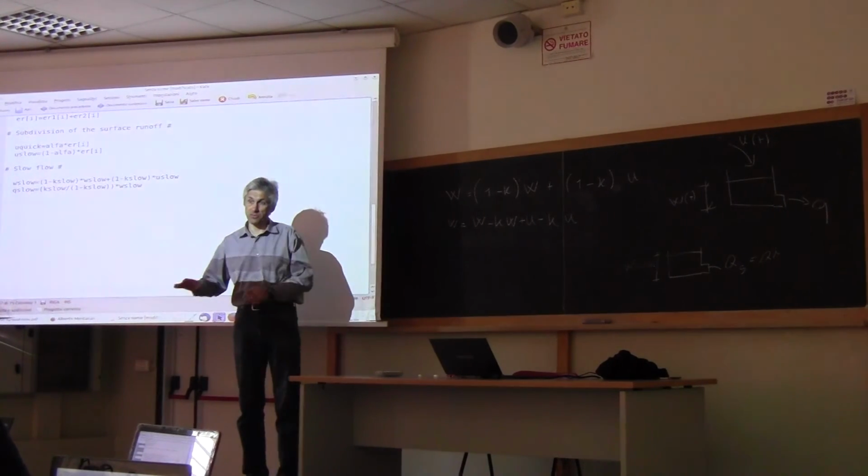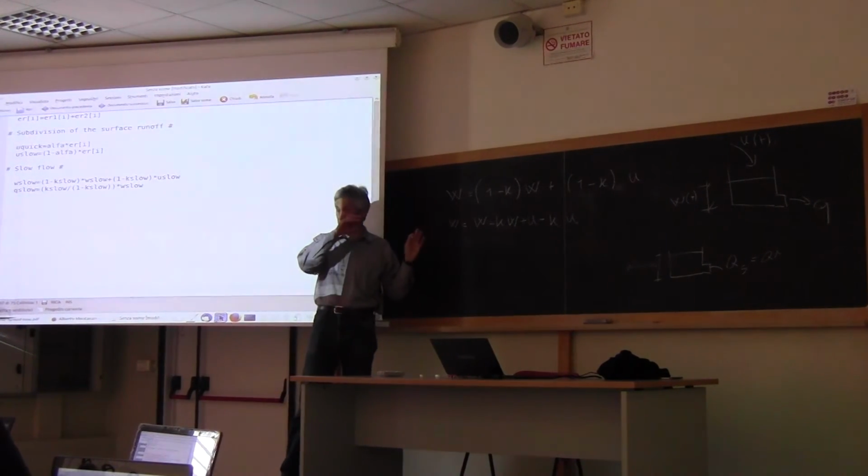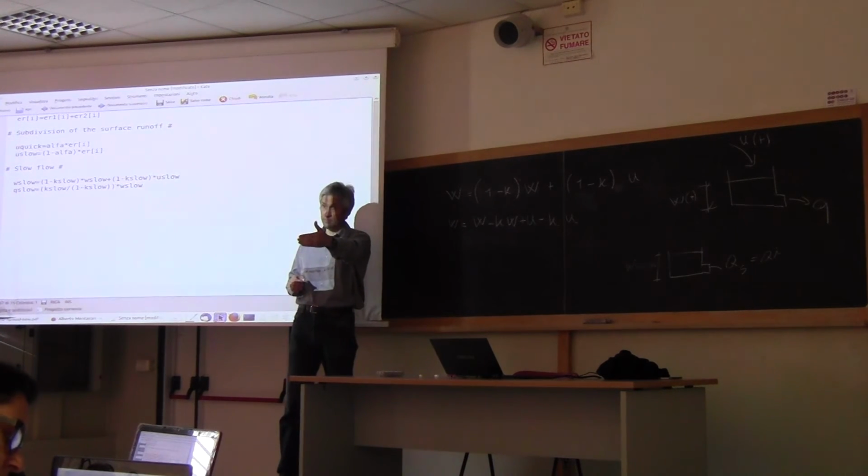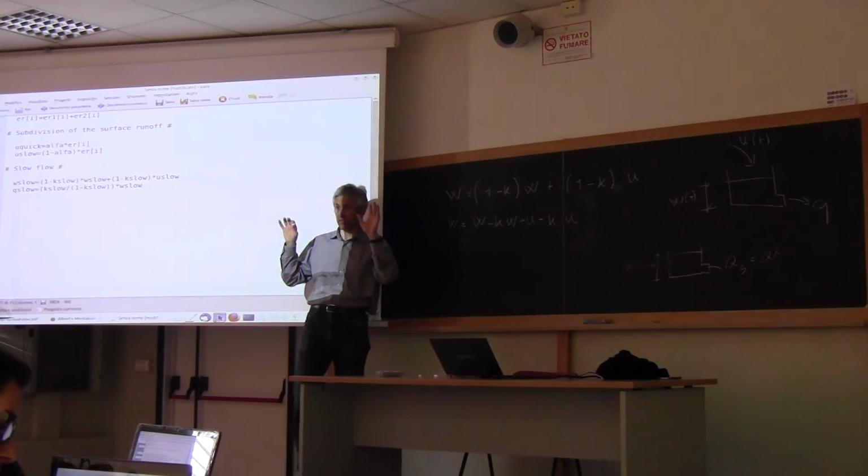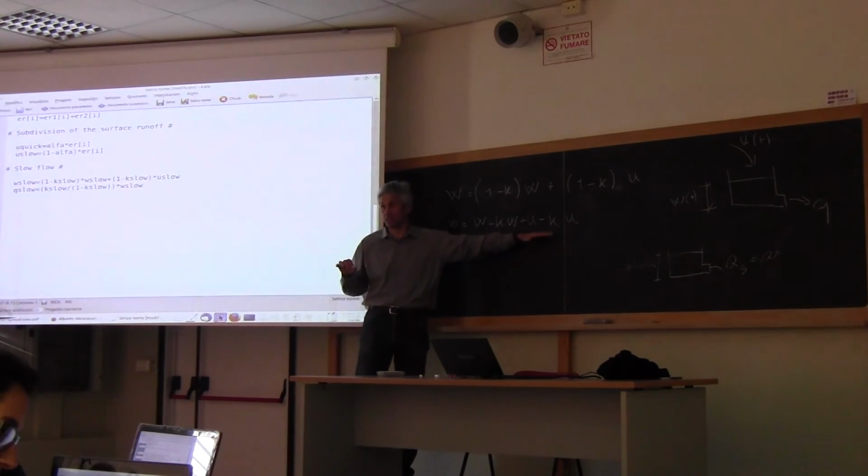So this is different from what we used before, because in our exercise we first added rainfall to W, and then we computed the outflow. So it's written in a different way, but it's the same thing that is done here.